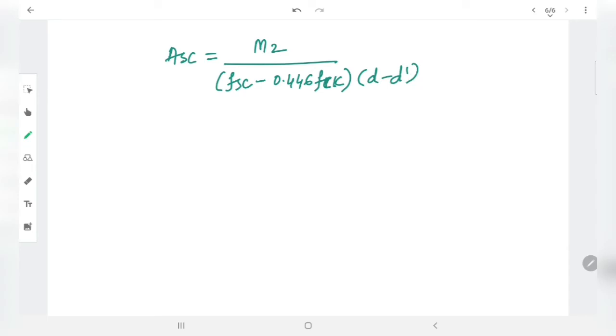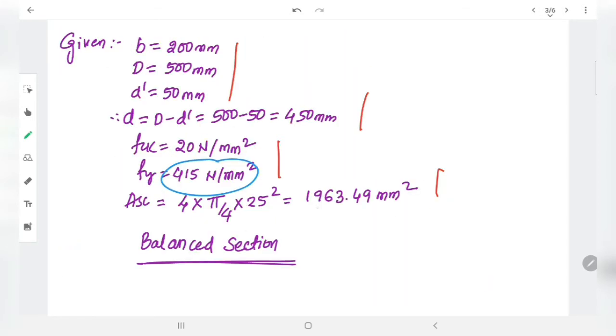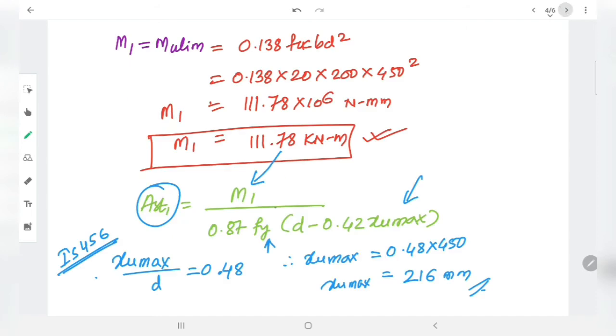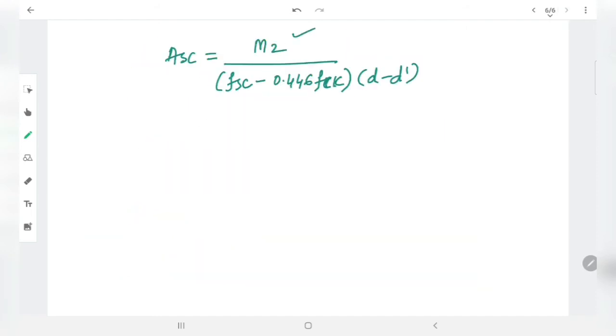You know how to calculate the value of FSC. M2 you need to find out, because ASC already is given in the problem. This is the value of ASC. M2 you need to calculate, this is the question mark, and FCK you know, D and D dash you know.